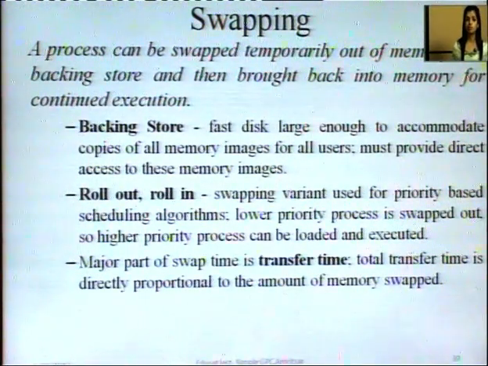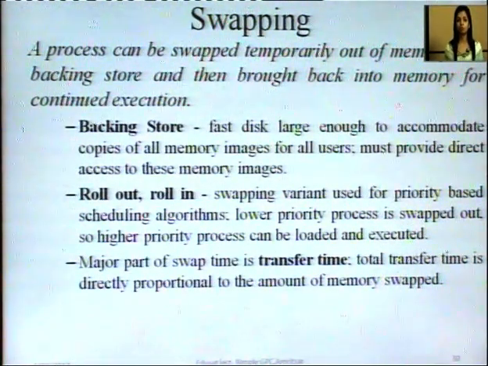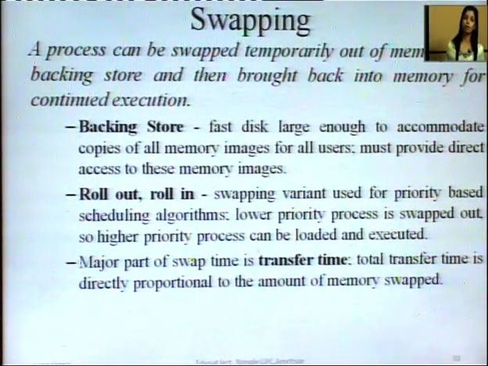Swapping. A process can be swapped temporarily out of memory to a backing store and then brought back into memory for continued execution. Swapping means a process enters execution, and if it gets an interrupt, it is swapped out of memory and waits for a memory allocation again.